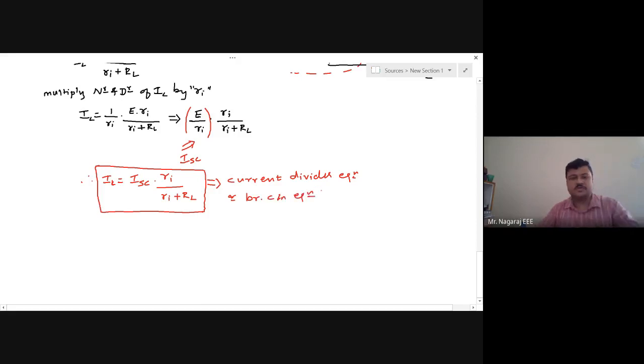Now, which are the two branches? A current multiplied by the opposite branch resistance divided by the total resistance.